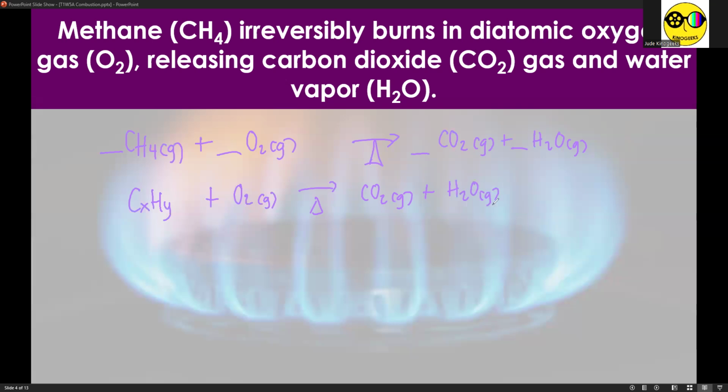So notice that out of the five types of chemical reaction that we tackled so far, this one is the most specific because it has to satisfy these four requirements. So your hydrocarbon must burn with oxygen, and it must specifically release gaseous carbon dioxide and gaseous water vapor or water molecule.